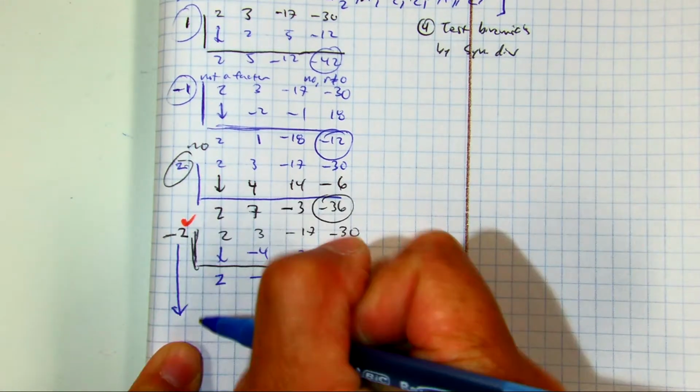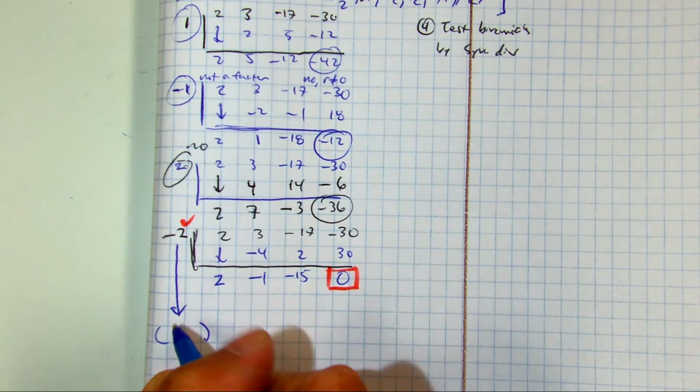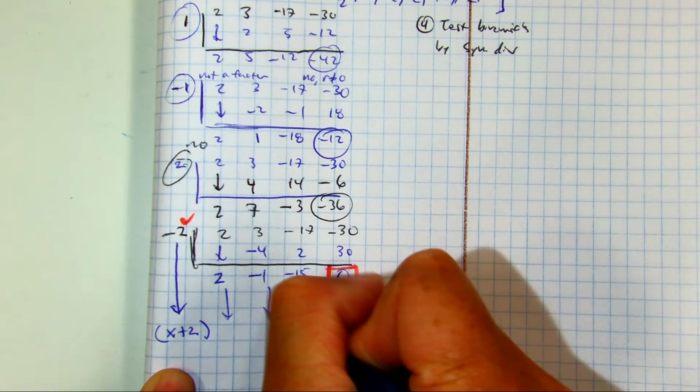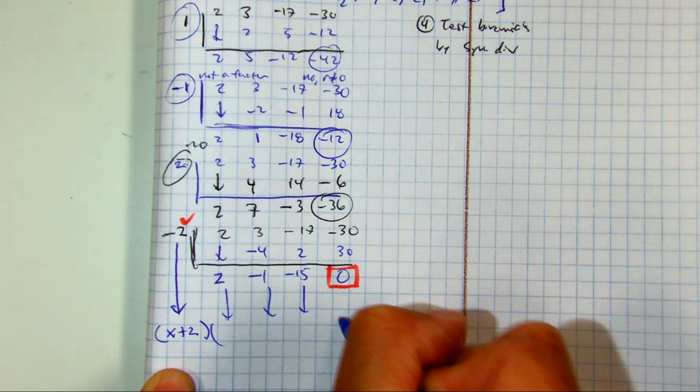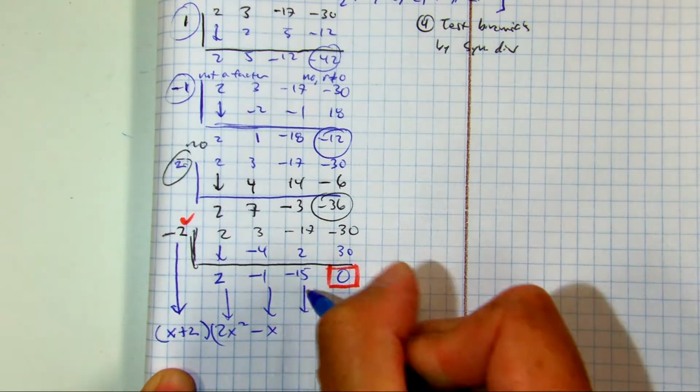Class, how do I write that as a binomial? X plus 2, okay? What does this mean? 2x squared minus x minus 15.